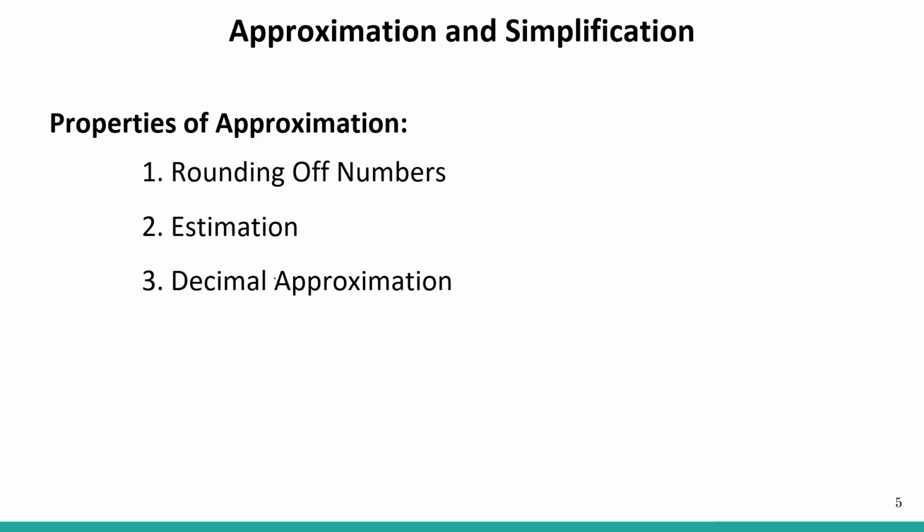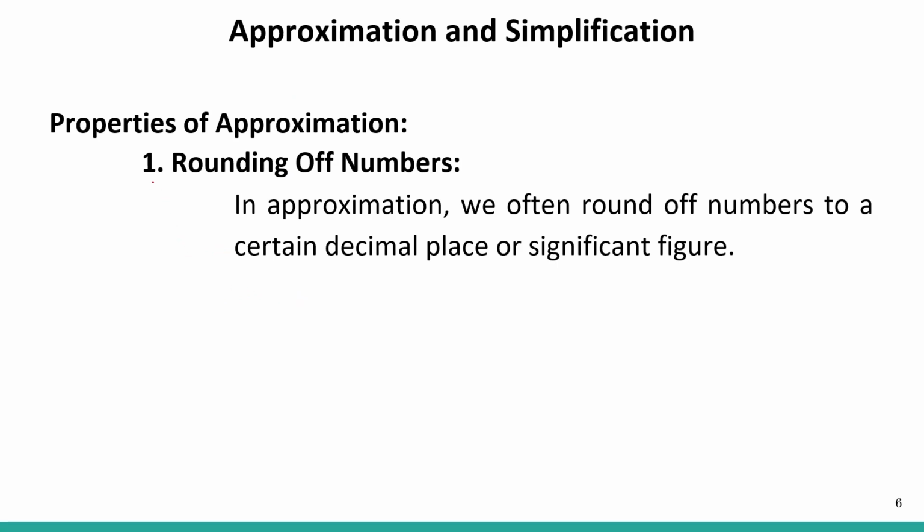So what are the properties of approximation? Rounding of numbers is one property. The second property is estimation, and the third is decimal approximation. Let's discuss the first, rounding of numbers. In approximation we often round off numbers to a certain decimal place or significant figure.